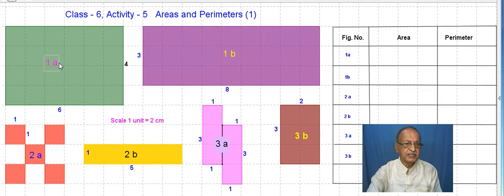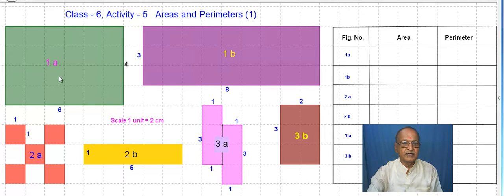These figures are marked 1A, 1B. We will calculate the area here and the perimeter here. So let us take this 1A figure. It is a rectangle. Length is 6 units and width is 4 units.